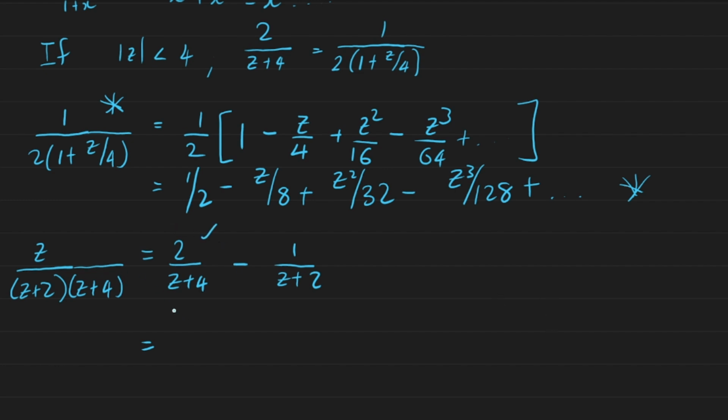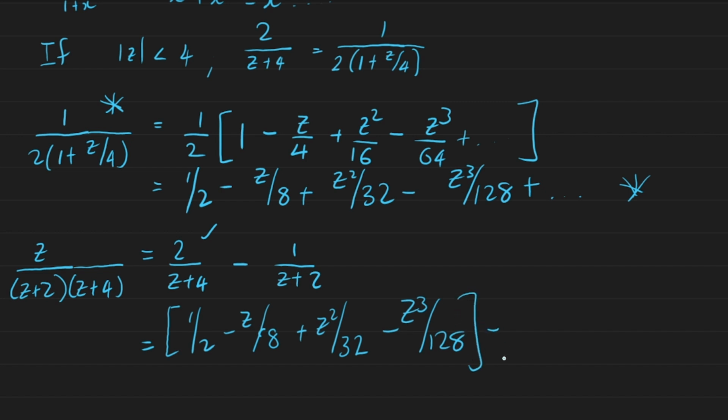So that's a half minus z over 8, plus z squared over 32, minus z cubed over 128, and of course this carries on.